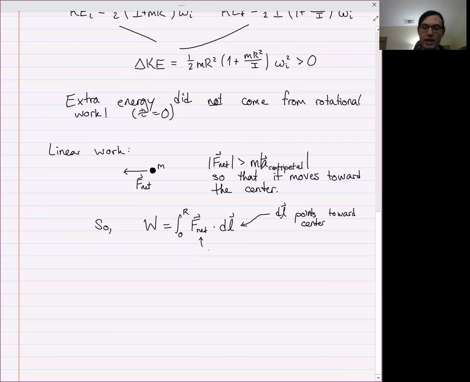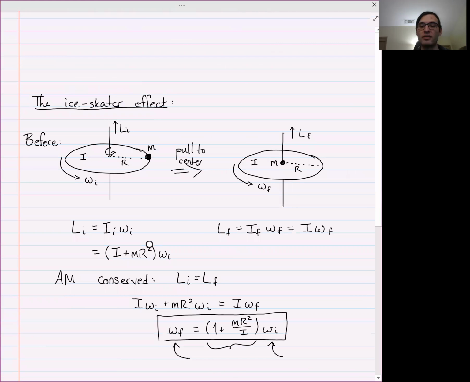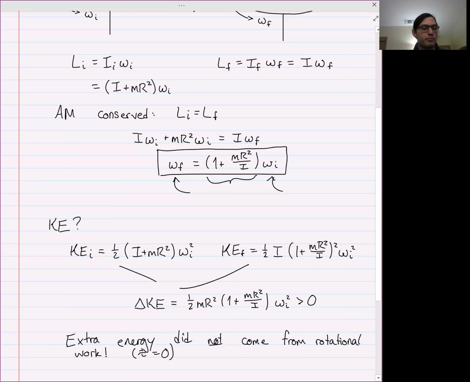The net force should be in the same direction as dl, and that has to be the case because that's the direction we want the object to move in, right? Imagine you're pulling it towards the center, so the force is towards the center. And we're integrating from 0 to r because that's the distance that the object covers as it goes from the outside of the circle to the inside of the circle. That's the distance that it travels.